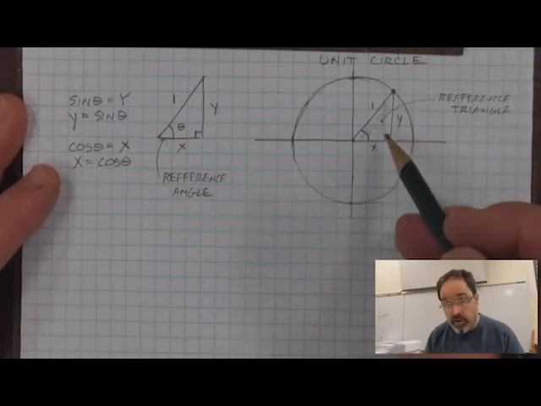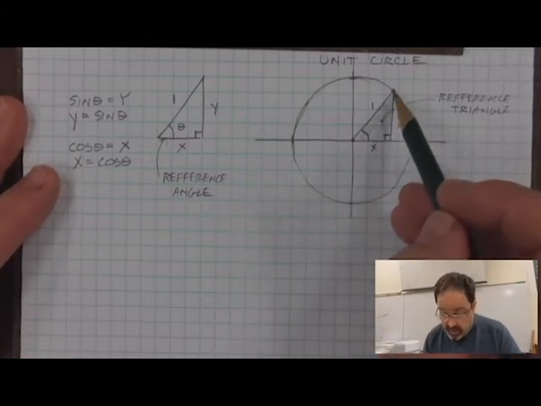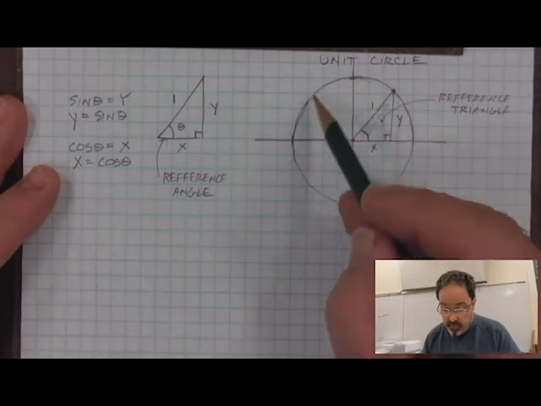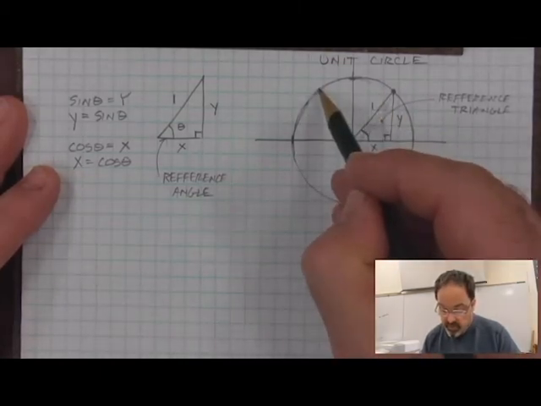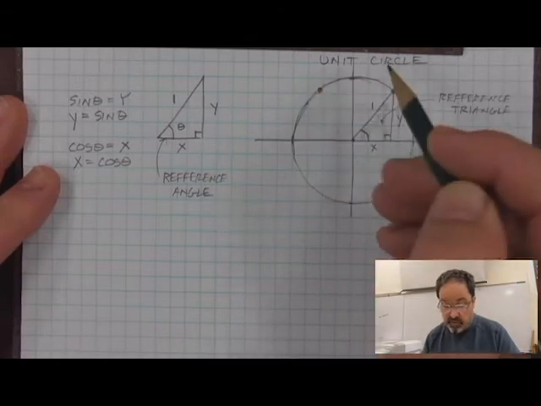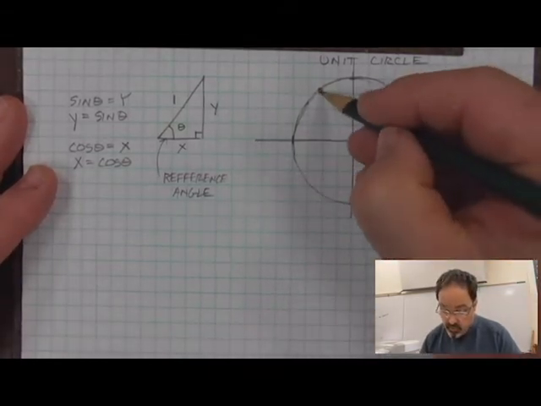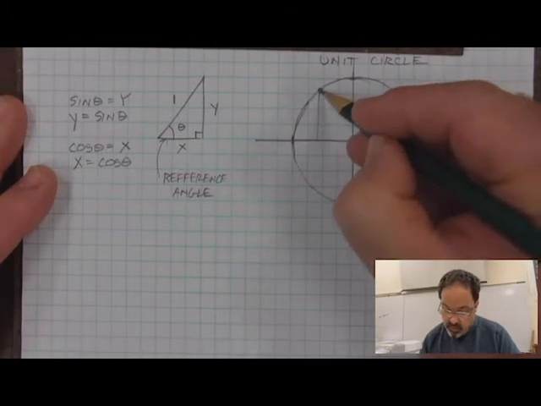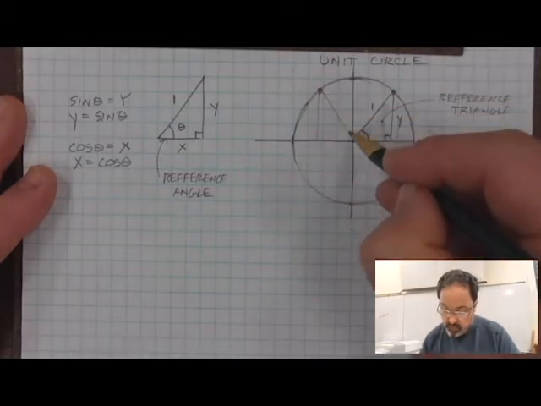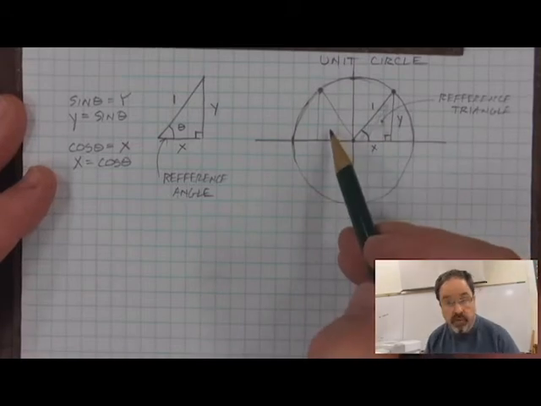Reference triangles can be drawn at any point along the circle, which means that if the point was in the second quadrant, we would drop a perpendicular, and with the radius of the circle, create a reference triangle in the second quadrant.